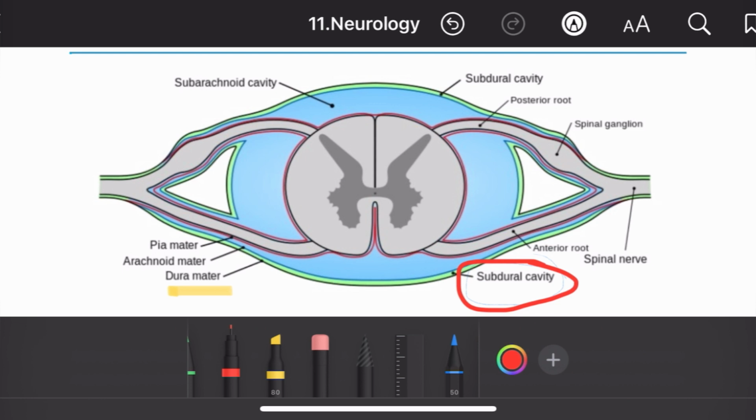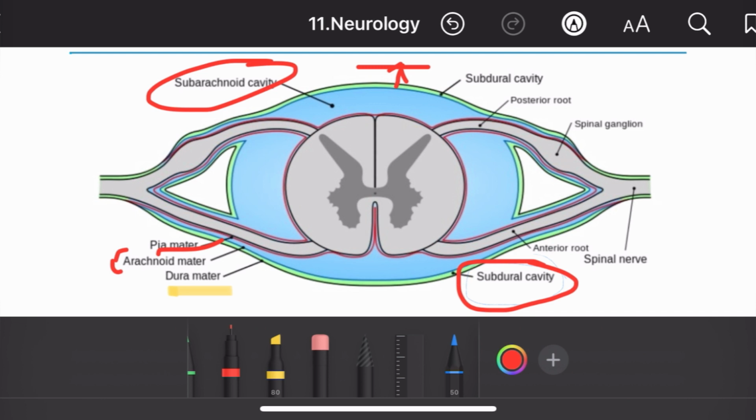Just behind that we have the arachnoid mater, and under that we have the subarachnoid cavity. Under that, an intimate layer called the pia mater is also there. So what we have to observe is that we have a space, the epidural space, which is filled with fluid.